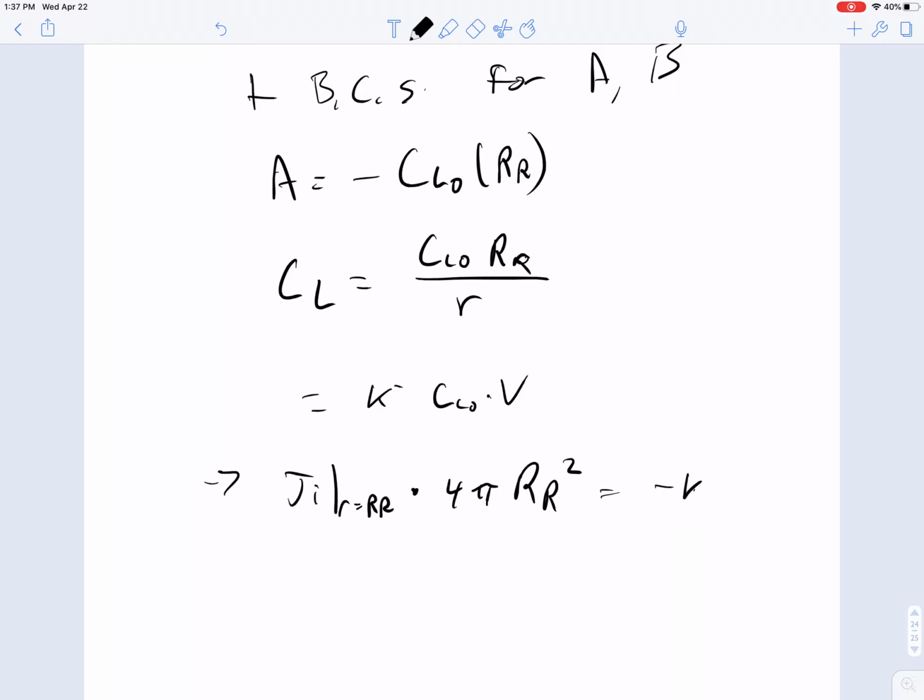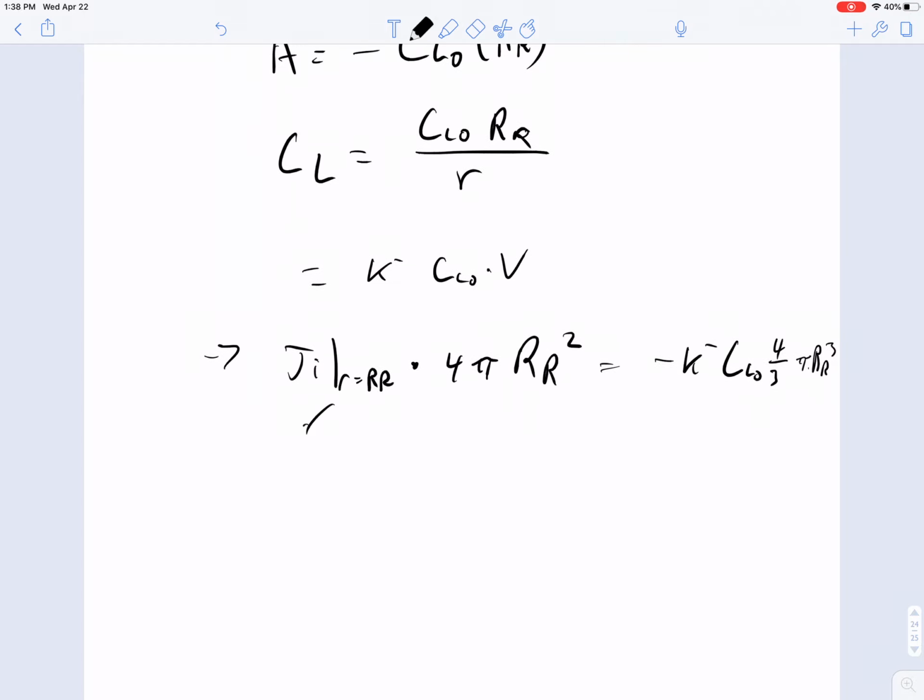This has to be equal to K minus Cl0 times 4 thirds pi r cubed, because that's the whole volume of the sphere where this is emanating from.